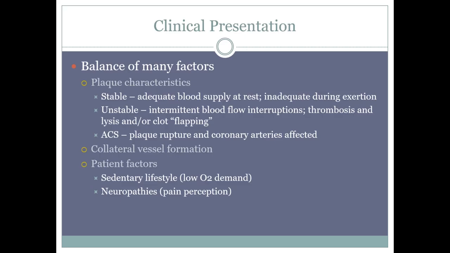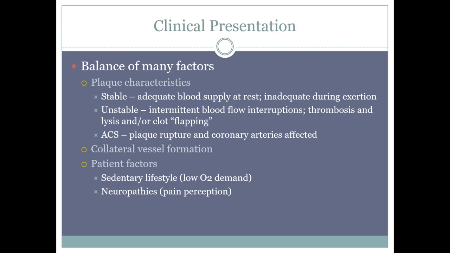So many patients that may have significant obstruction over time may be relatively asymptomatic because they have alternate blood supply avenues. Typically that's enough to provide them blood supply at rest, but on heavy exertion, typically they'll still get signs and symptoms. Okay? But that's not going to occur if you have an acute obstruction from a thrombus that occurs over minutes to hours.